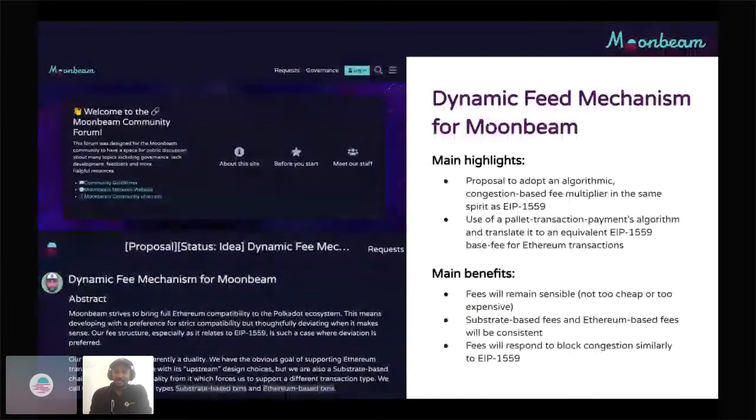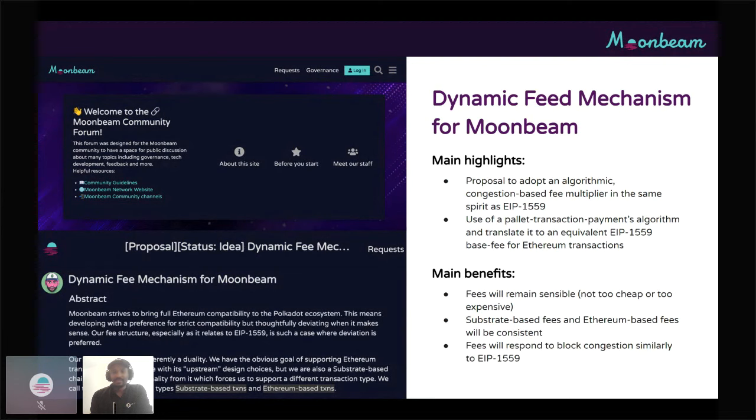So as Cassie mentioned, this is one of the series. The first proposal that we submitted into this community forum is about a dynamic fee, and we would like to basically update how it has been done. Steven is one of the developers at PureStake, and he spent a good amount of time researching and analyzing how fees are working in Moonbeam, and this is why he proposed these updates.